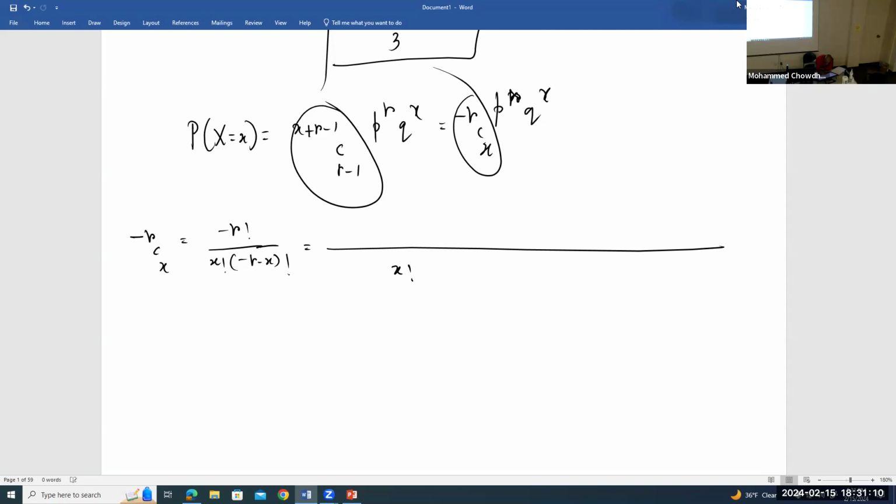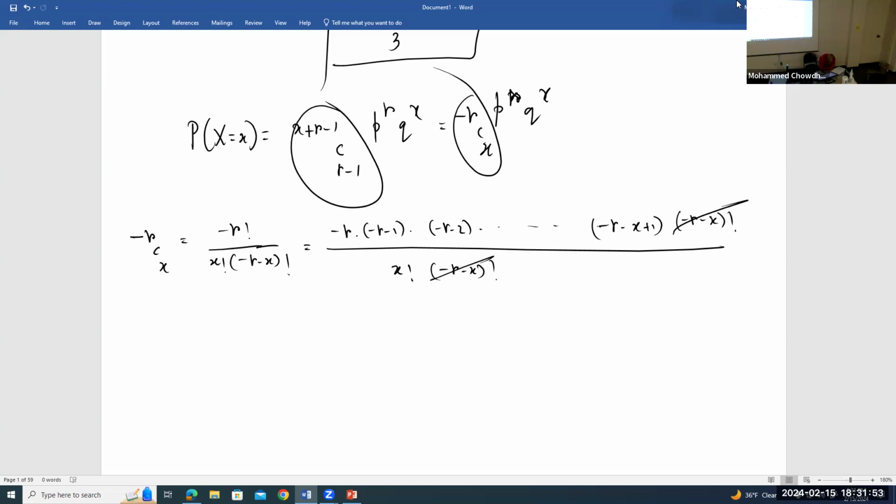If we take out minus r minus 1 and minus r minus 2, all the way, then you will get minus r minus x plus 1, and then minus r minus x. If you take it out, it will give you this format. Okay. So that part and that part cancel out.